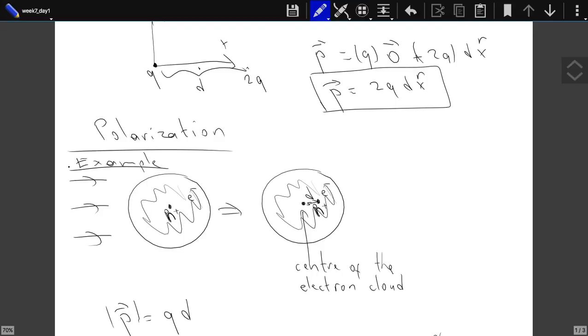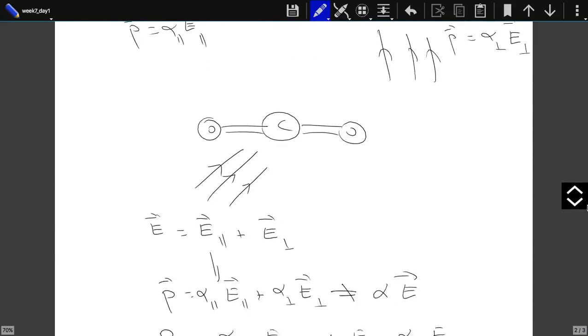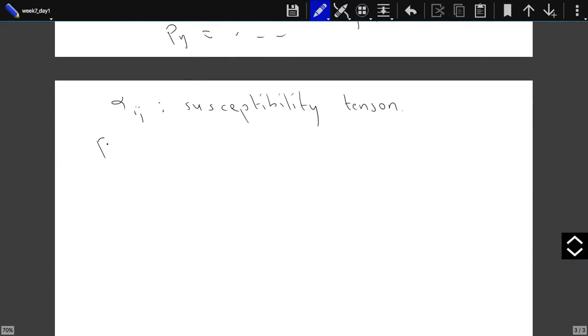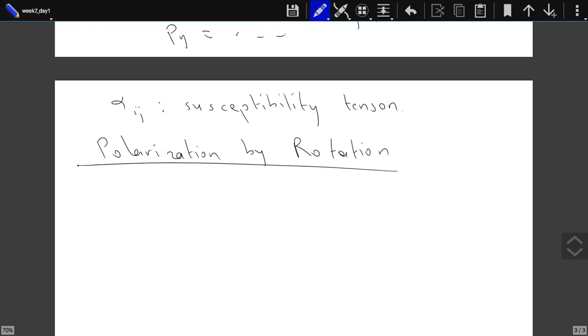Of course, we also have other molecules that have their own dipole moment. Let's see, for example, if you look at the water molecule, we have the oxygen, hydrogen, hydrogen.